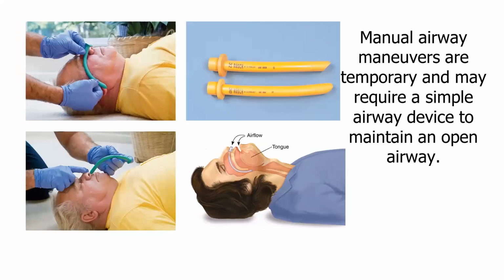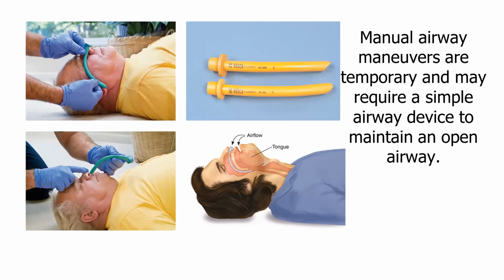And something else you can use is the NPA. Okay, and that's how you measure the NPA, from the nose to the earlobe again. Make sure you're using the correct size. Also lubricate this. In our bags we have little packets of KY jelly. Make sure you're using that.